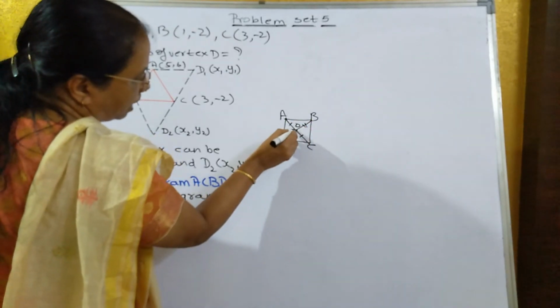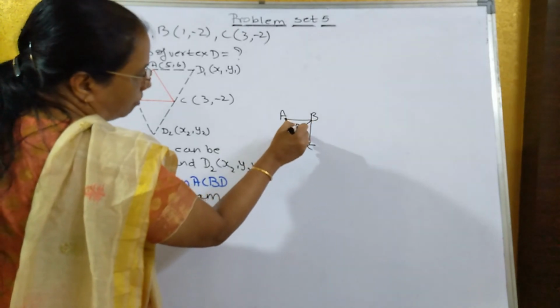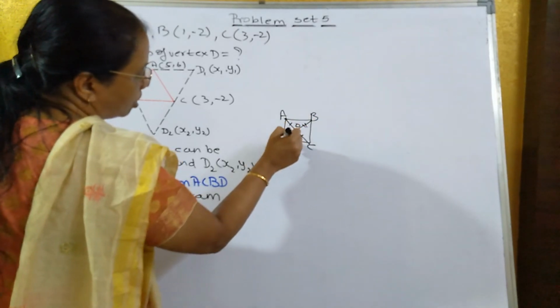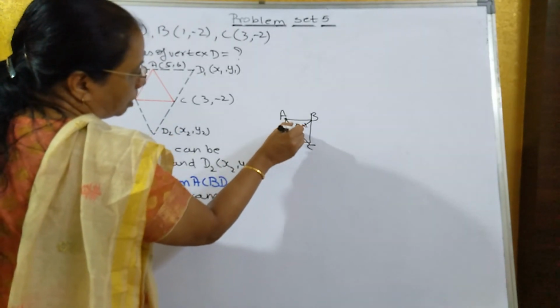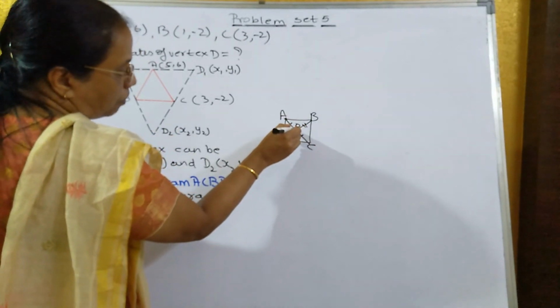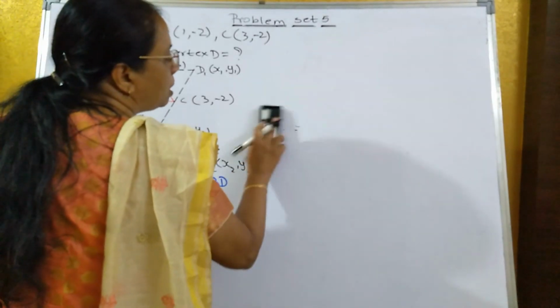That means if we find the midpoint using the coordinates of this, and you again find out the midpoint by using the coordinates of this, then both should be equal. Why? The midpoint of BD and the midpoint of AC meet at the same point O. Therefore, the midpoint of AB and midpoint of CD should be equal.